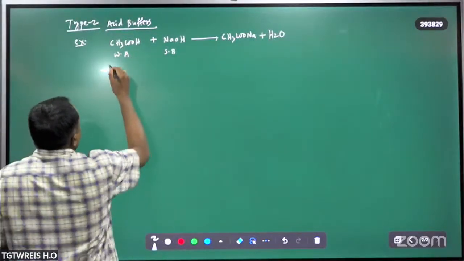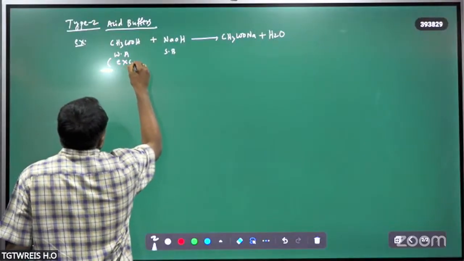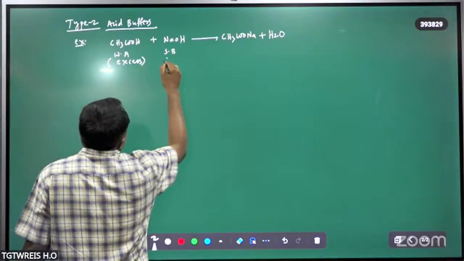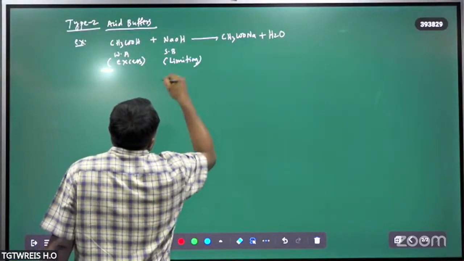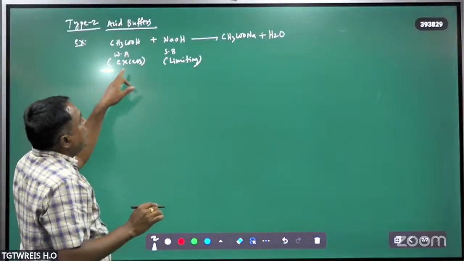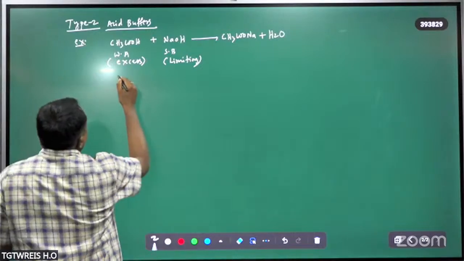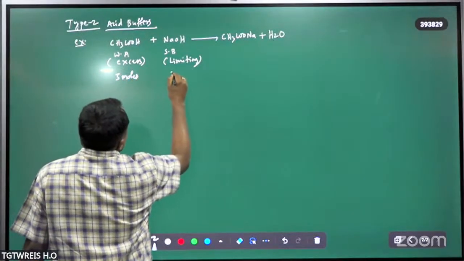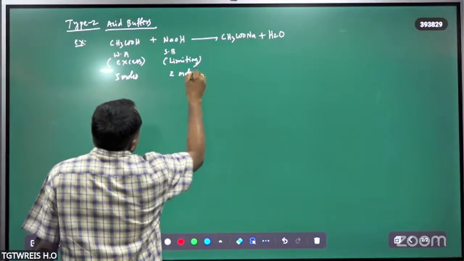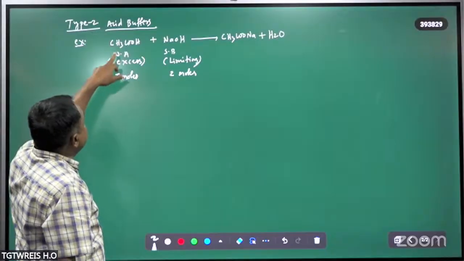In order to act as an acidic buffer, you must take the acid in excess and the NaOH in limiting amount. For example, take 5 moles of CH3COOH and 2 moles of NaOH. So NaOH is the limiting reagent and CH3COOH is the excess reagent.